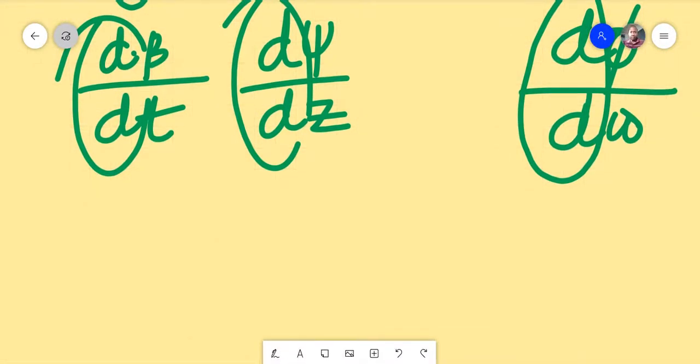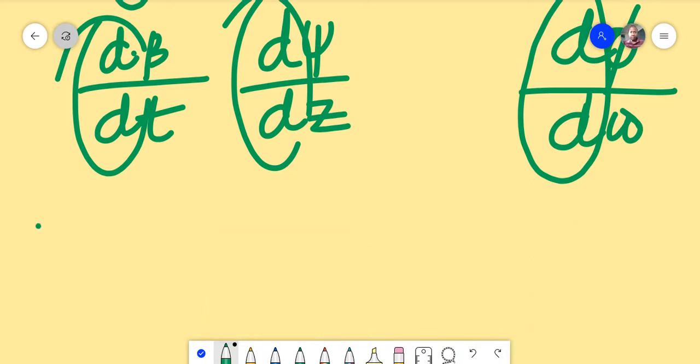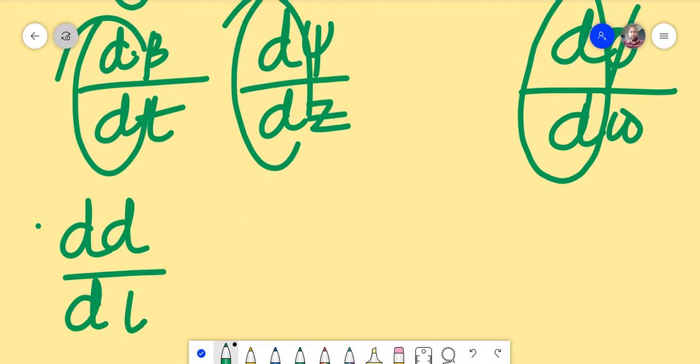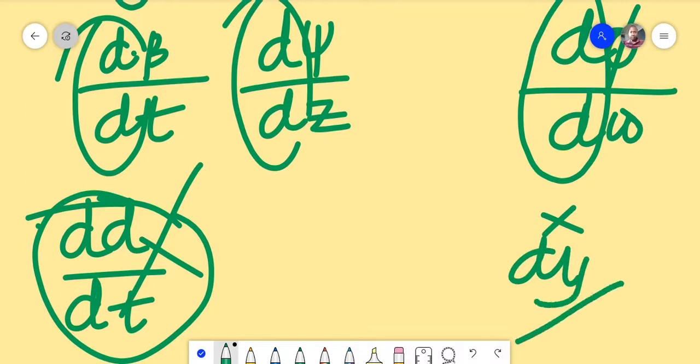Simply because you want to maintain a convention of the first letter that distance is d, you tell me this is dd over dt. Oh, it doesn't look proper, does it? So it's always good that you write that differential equation as dy over dx, and this is the most common one.